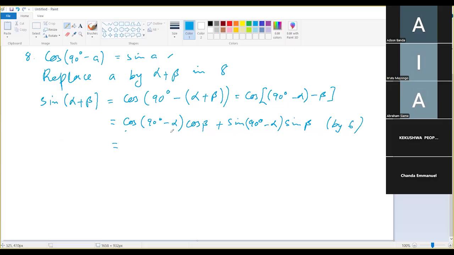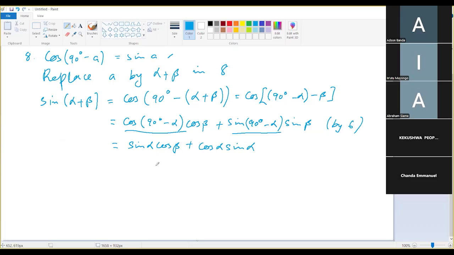So this term just becomes sine alpha, and then the cosine of beta, plus this term also is another identity that we just found, which was identity number 9, which has sine of 90 degrees minus alpha is equal to the cosine of alpha. And then you have that term, which is sine beta.